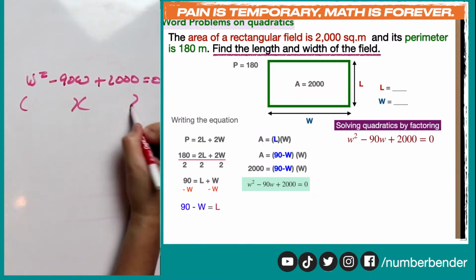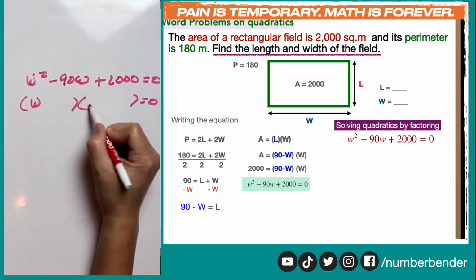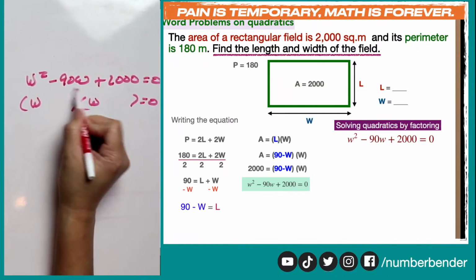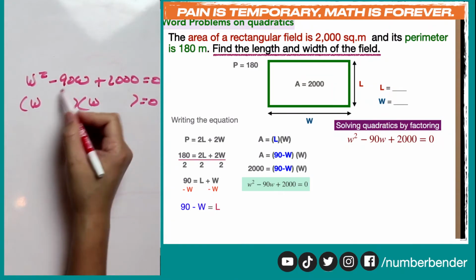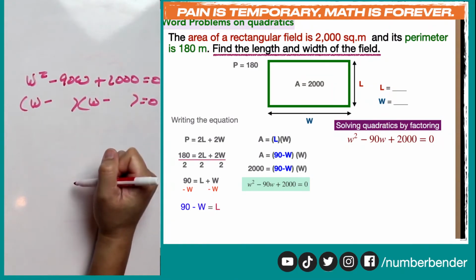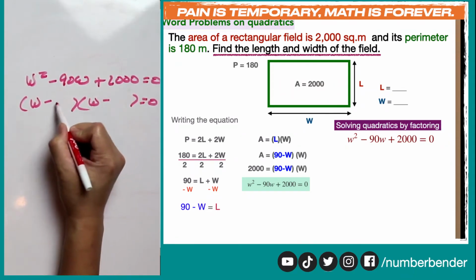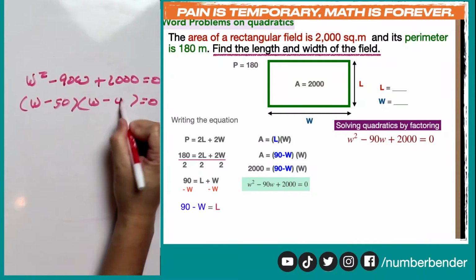What we need to do is to find the factors of 2,000 that when we add them up will equal negative 90. And by that, I know that my factors will both be negative. And the only challenge now is to figure out those two factors. And those two factors that will give me negative 90 when I add them up are 50 and 40.